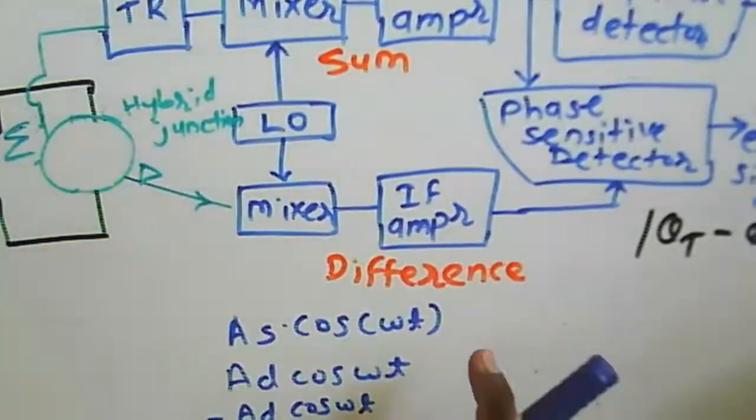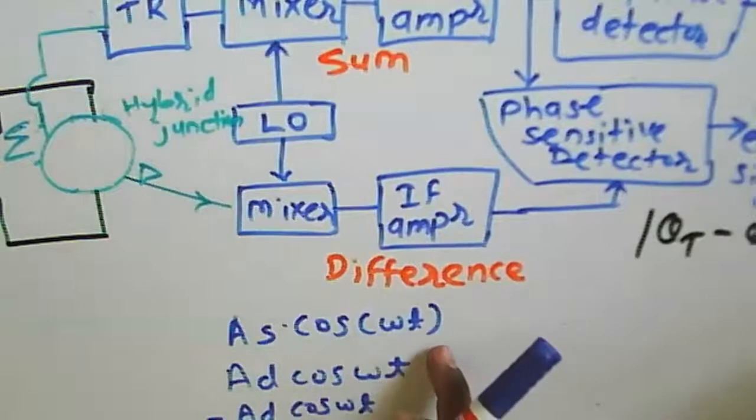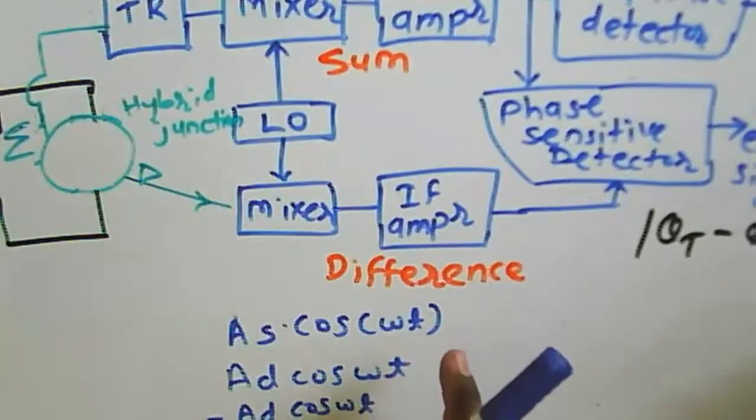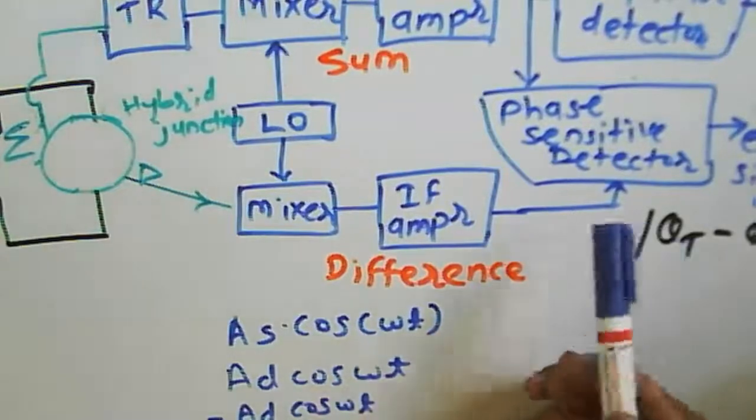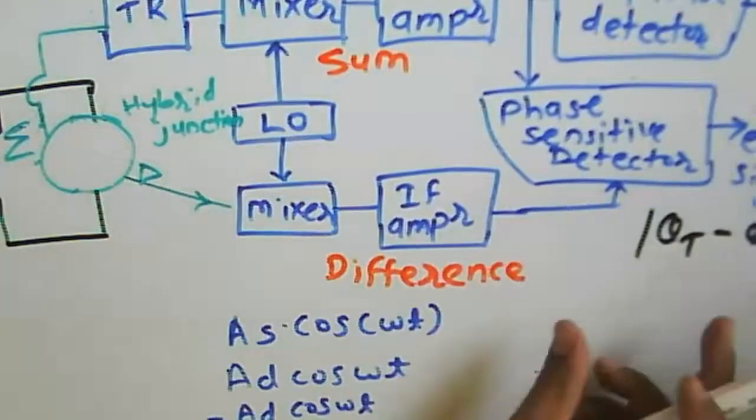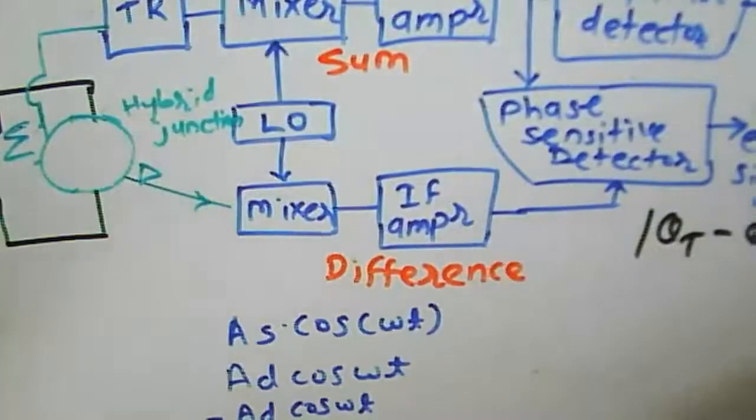Similarly, we can find out through the comparison of the amplitude, the difference in the signal in terms of phase as well as in terms of amplitude. Okay, so that's all about monopulse tracking.